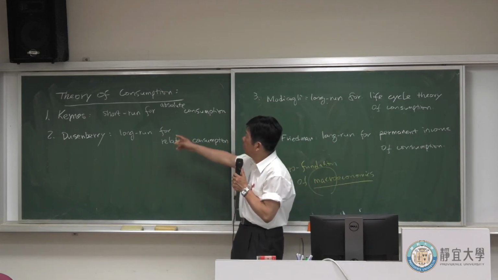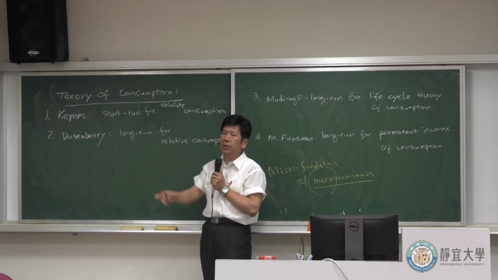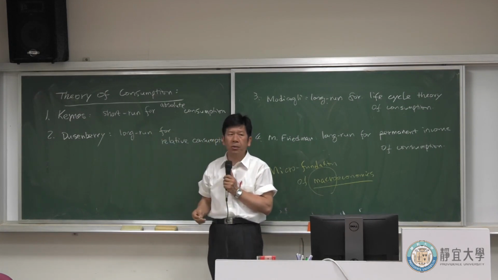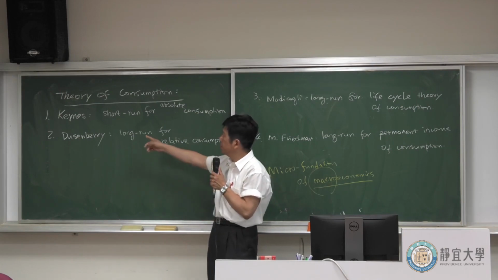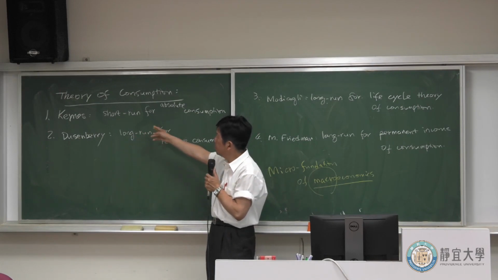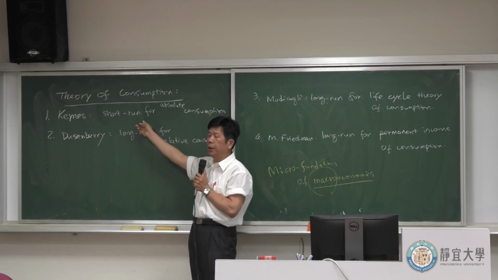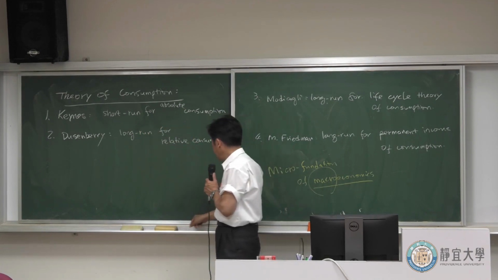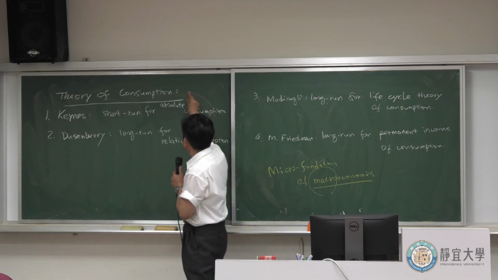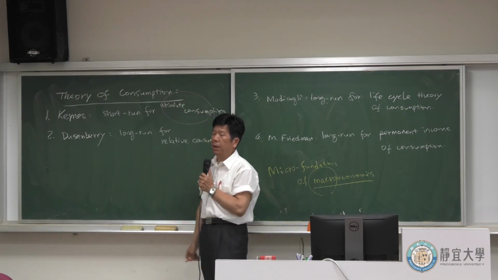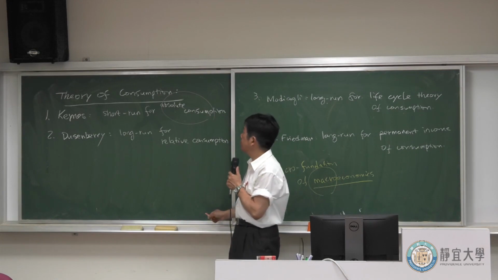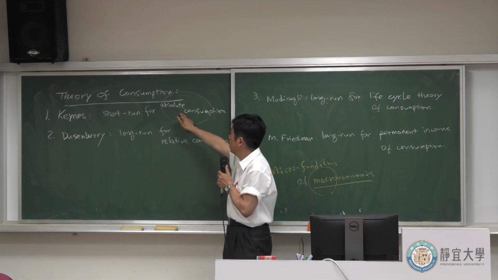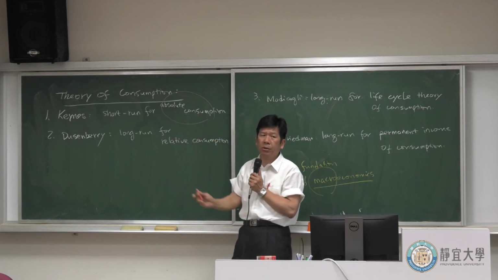Here we show you something about the theory of consumption. The first is Keynes. We mentioned before that his consumption theory depends on absolute consumption.